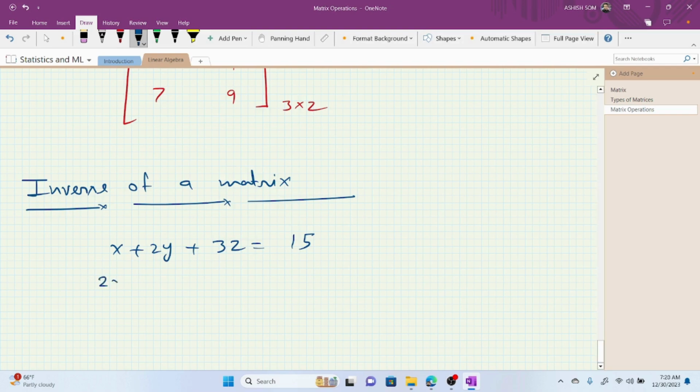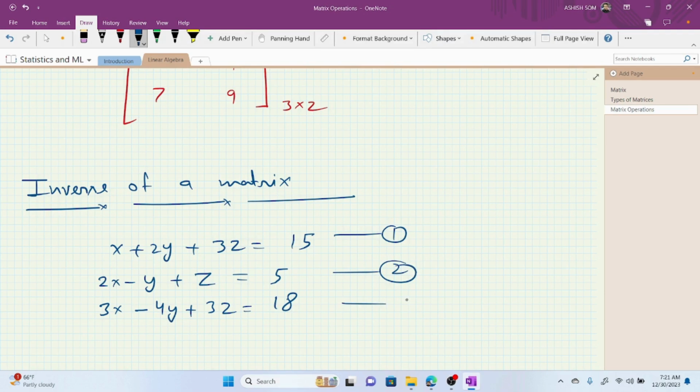Then 2x minus y plus z equals 5. Then 3x minus 4y plus 3z equals 18. Anything. Let's say we have three linear equations, and we have to solve them.